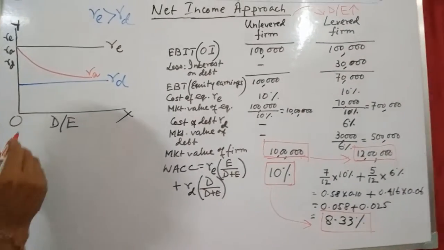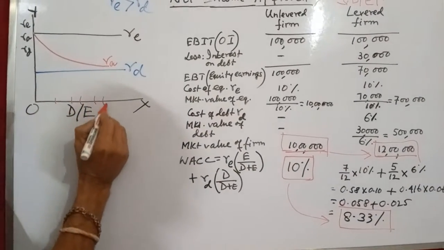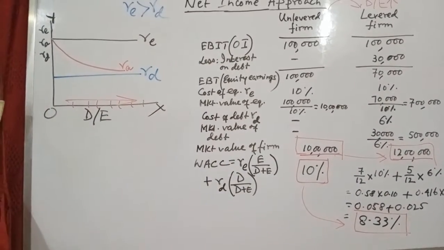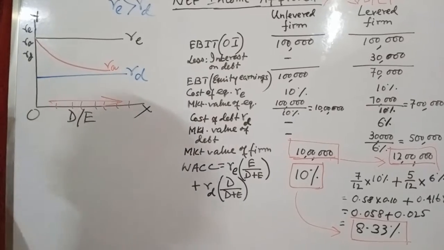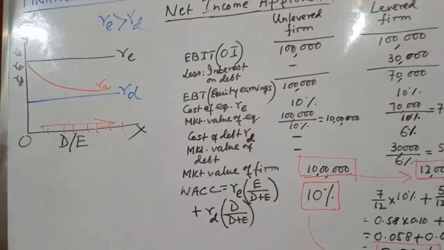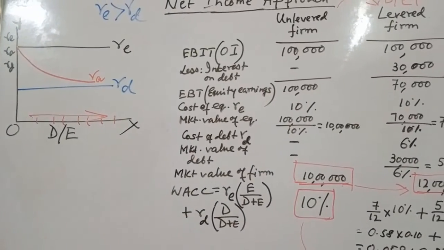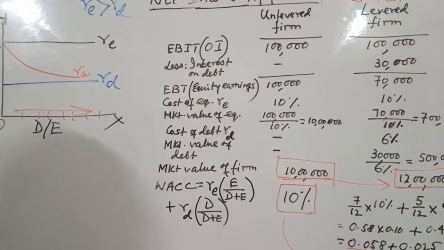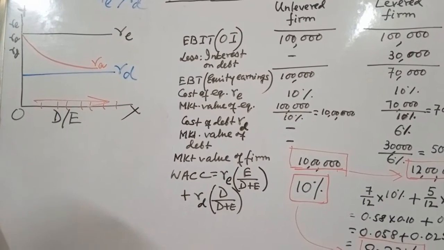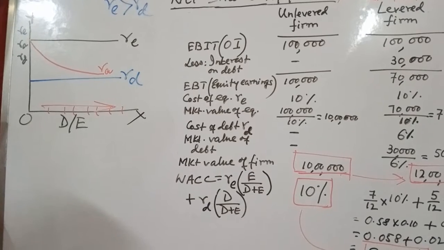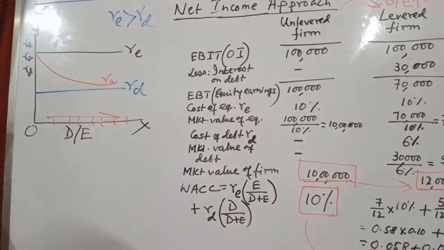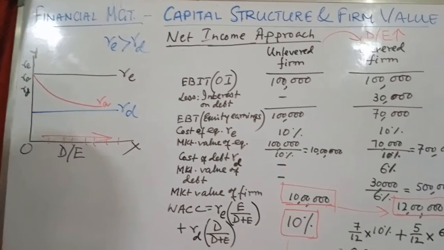Now, as the debt equity ratio is increasing, we see weighted average cost of capital is falling. Now, why is this happening? As the debt equity ratio is increasing, the impact of debt, that is the total weight of debt, is influencing the weighted average cost of capital to come down.